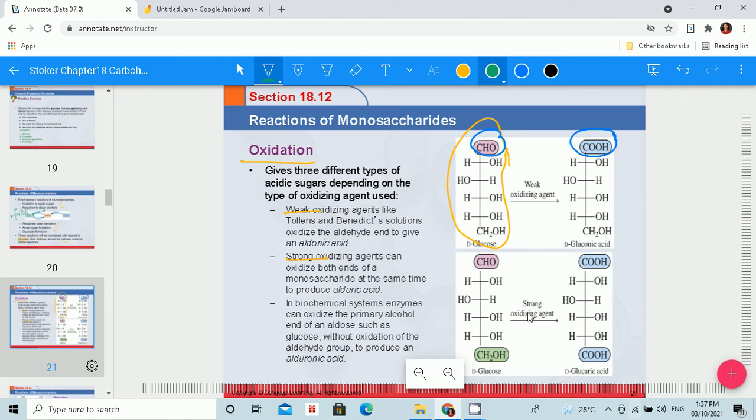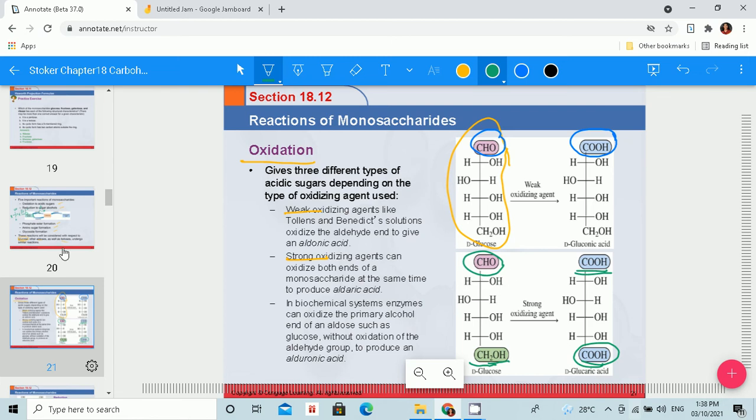While if we have a strong oxidizing agent, the aldehyde here will be oxidized to carboxylic acid, whereas the alcohol here will also be oxidized because it's very strong. This alcohol will be oxidized to carboxylic acid also.